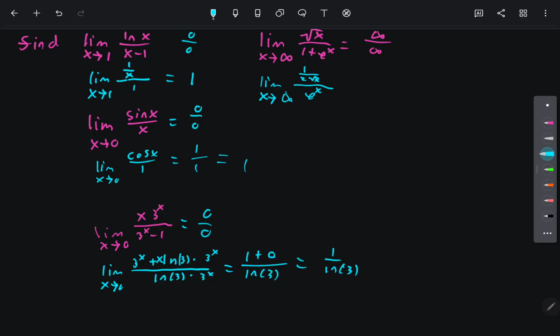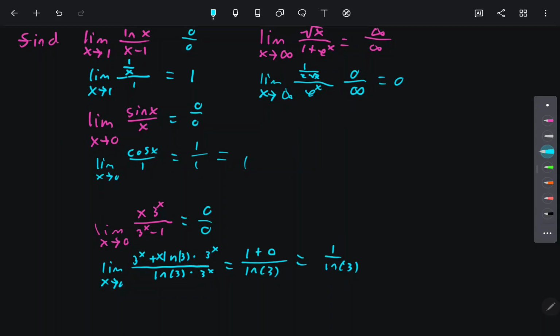Well, because we have 0 divided by infinity, which we know is always just going to go to 0, because this is going to make this go to 0, and that's already 0. So it's just going to go to 0. I hope you can hopefully logic your way through that.